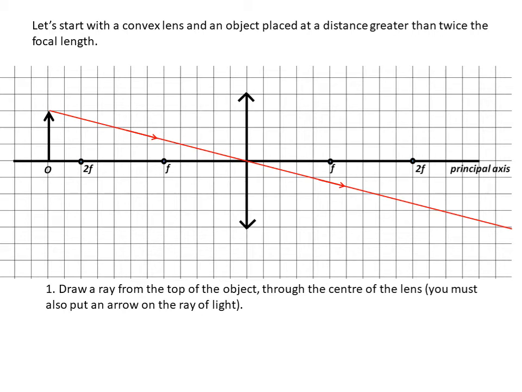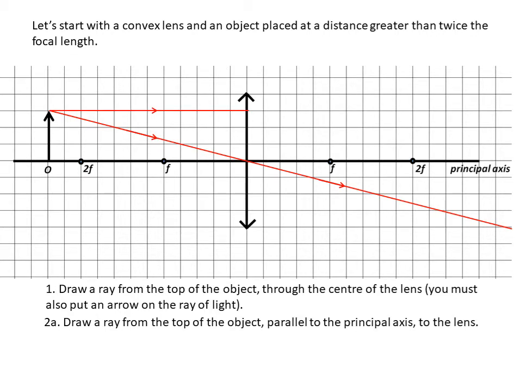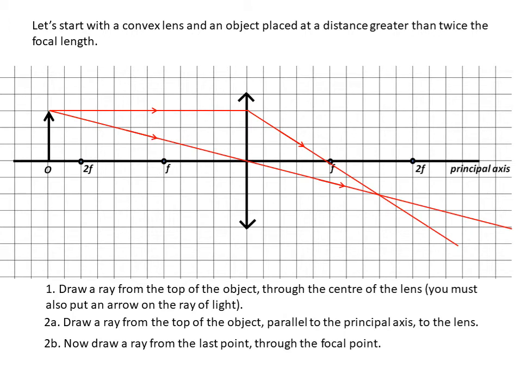The next one: start at the top of the object and draw a line parallel to the principal axis until it hits the lens. And then the ray refracts, and it goes through the focal point. There we go. The point at which those two rays cross represents the top of the image.